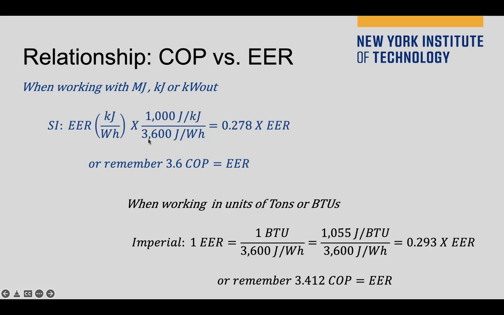And for watt hour to joule, we need 3,600, which is from the unit of the hour. We cross out all the units, then we can obtain this relation. That is in SI units. Of course, you can convert EER to COP with 3.6, that is, 1 over 0.275, which is 3.6.